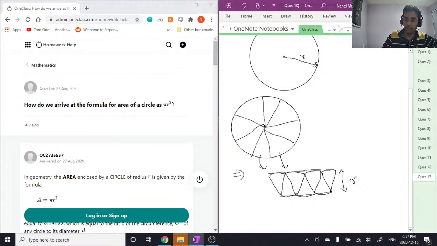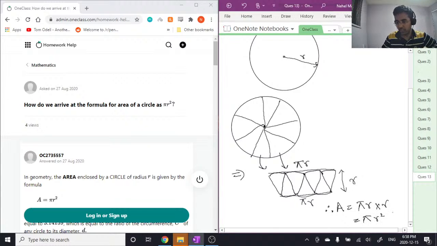So if each of those added together give us the circumference, we know that one of them would be equal to pi r and the other one would be equal to pi r, so the sum of them is actually 2 pi r. Therefore, from the formula for the area of a rectangle, area is equal to pi r times r, which is equal to pi r squared.